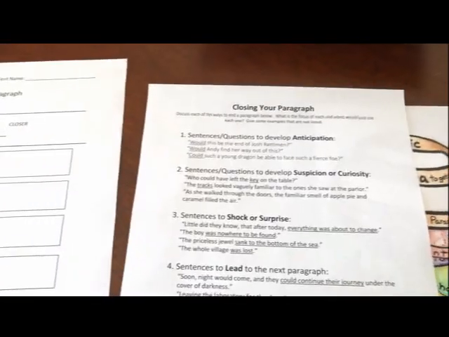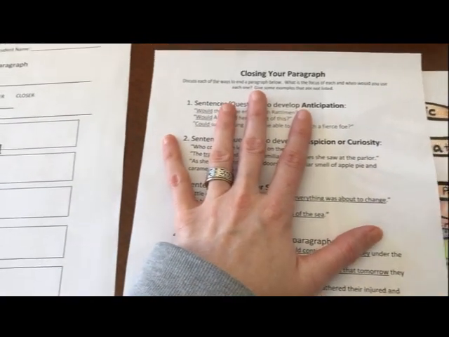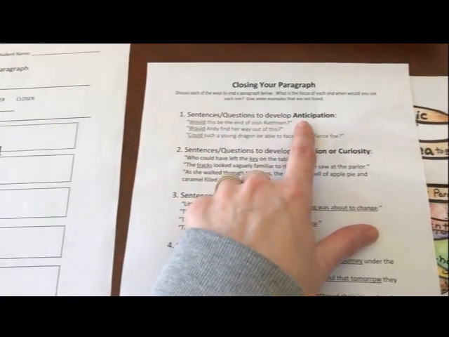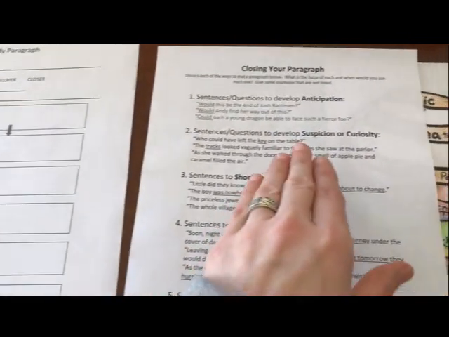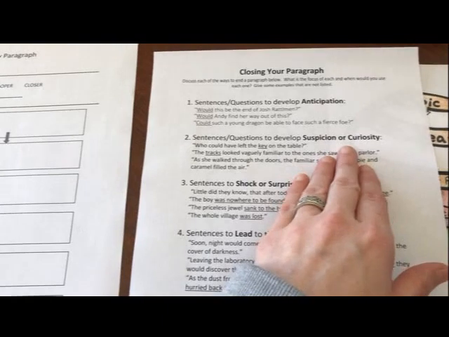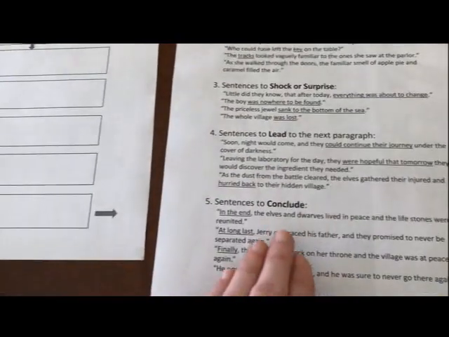So what can we write here? This is also in the email if you want to print this. Sometimes we can develop anticipation for our reader to where they're anticipating what's about to happen. Suspicion, we can make them suspicious or curious about something. We could shock them. We could lead them into the next paragraph.